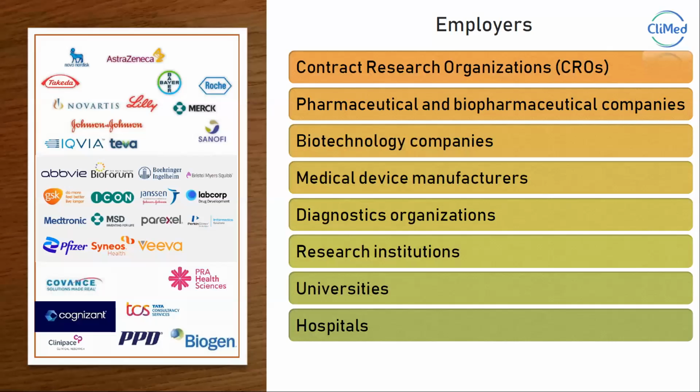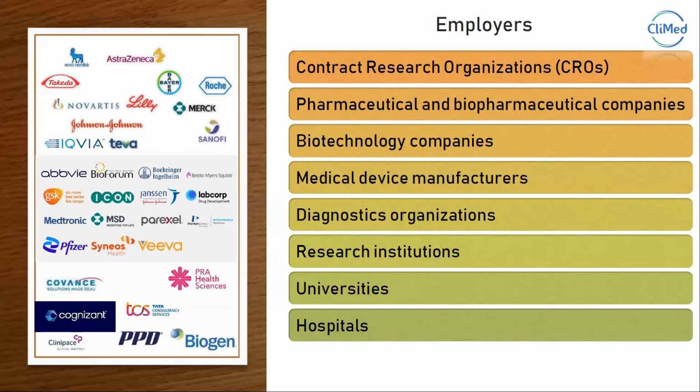Next comes something important: who will hire? There are lots of companies, like contract research organizations. You can go back and check what a contract research organization does. We will cover a few aspects in future sessions, like the differences between CRO activities and how they and pharmaceutical companies deal with things.